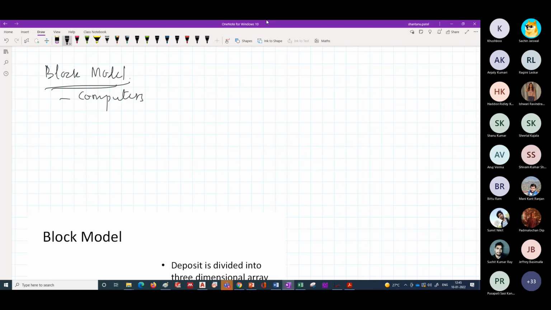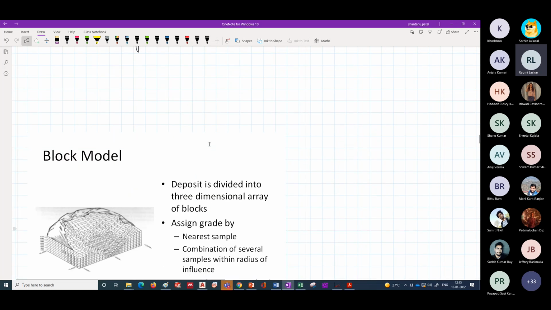So what we do here is make a three-dimensional array of blocks.